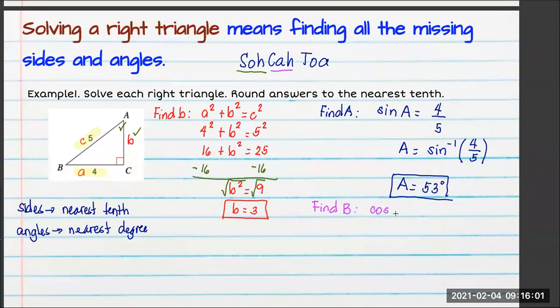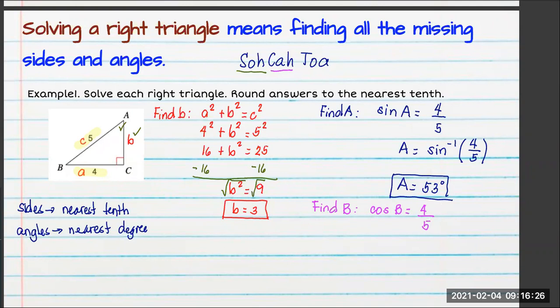So cosine B is equal to the adjacent side, which is 4, over the hypotenuse, which is 5. That's right. All right.